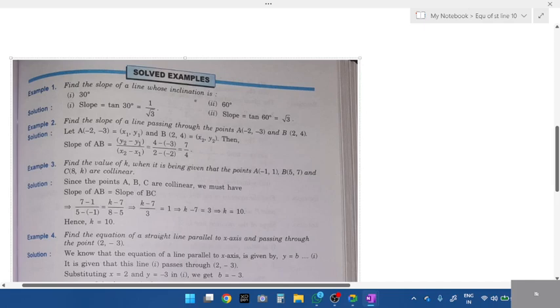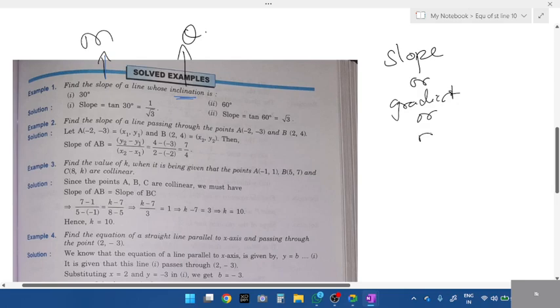I just want to show the calculation. Can you see? Find the slope of a line whose inclination is given. What is inclination, students? All of you unmute and respond. Another 10 minutes and the class will end. What is slope? Which alphabet do we use? M. Inclination is theta. So you can write slope or gradient, the meaning is the same, or M. Here they have taken slope, students.